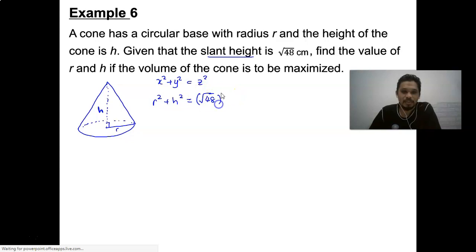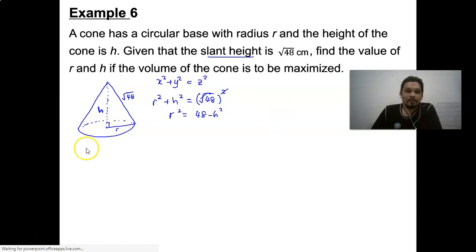So the hypotenuse here is a square root of 48. Okay, then from here now we clear this, then r square equal to 48 minus h square.